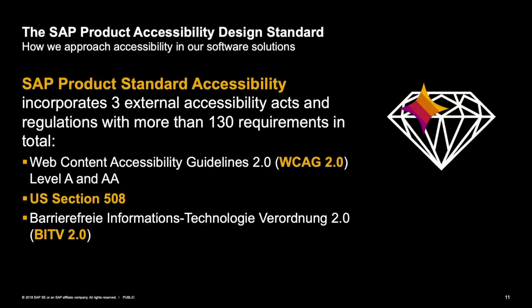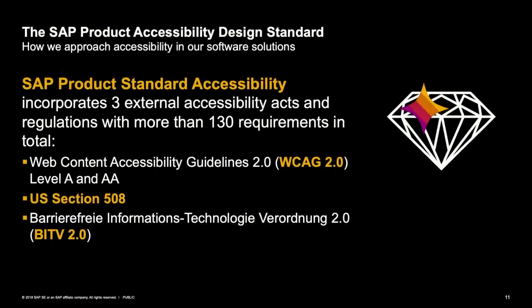Another thing that we do internally is the putting together of this product standard for accessibility. Now, being an international organisation, it gets very interesting trying to work across multiple different standards. There are 3 that we primarily focus on. The first is WCAG 2.0 Level A and AA.